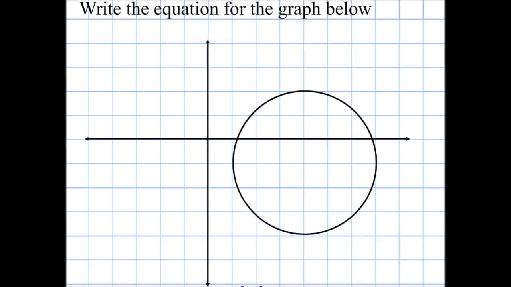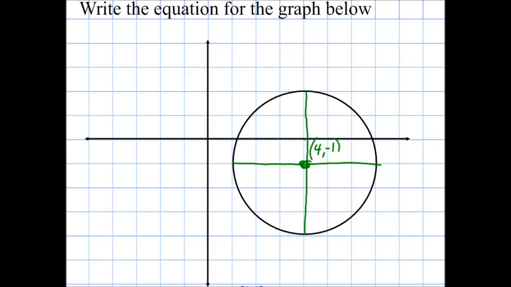All right, now moving away from, given the equation, graph it, let's get the graph and write the equation. So we have to find the center. I look to see that's the center, and that point is 1, 2, 3, 4, negative 1.